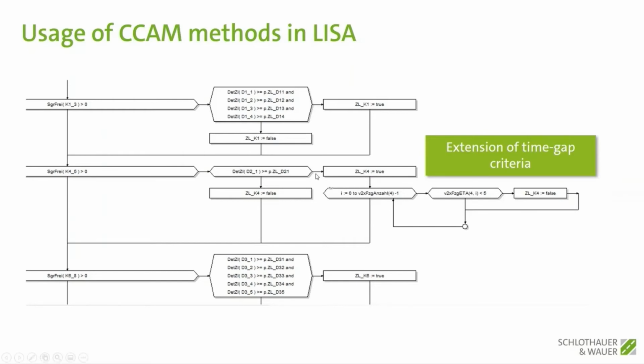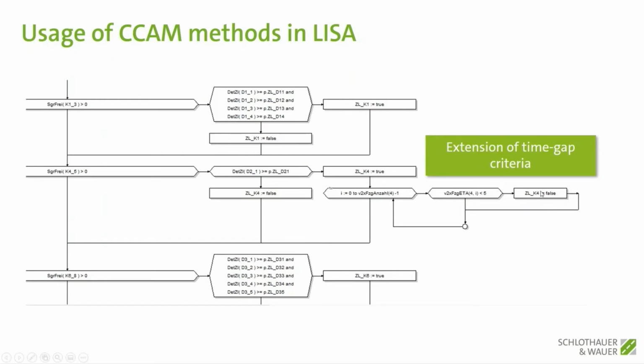But now we extend that time gap control here with a loop over the equipped cars which are on the road. Means we have a loop here where we check if there is a car on a specific line, line 4 here, and we see, okay, if there is a car on line 4 with an estimated time of arrival below 5 seconds, we will deny that criteria here.